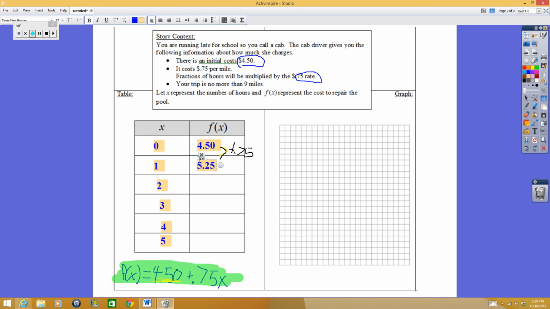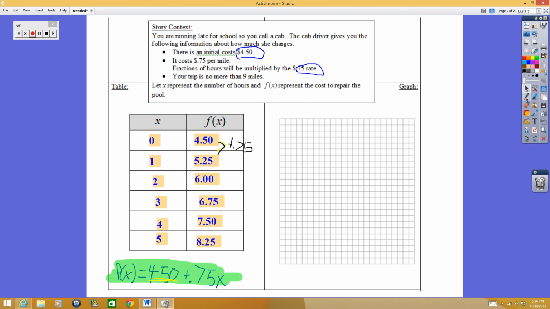And if I add another 75 cents, we're going to now have $6. And then you just keep going. 6.75, 7.50, and 8.25, right? Cool. Done.